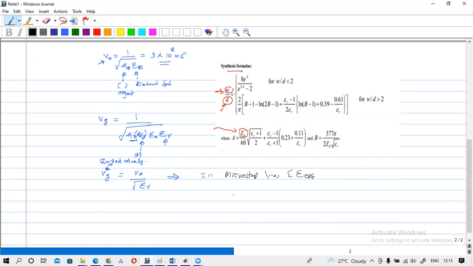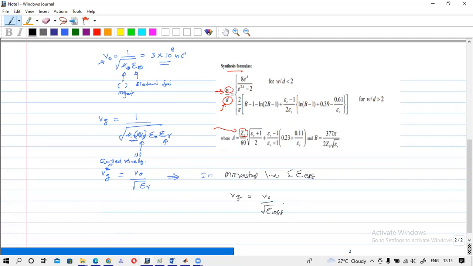So the guided velocity in the microstrip line will be V naught, the velocity in free space, divided by root epsilon effective.